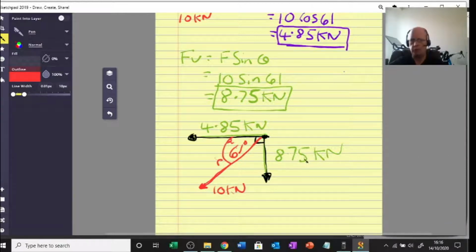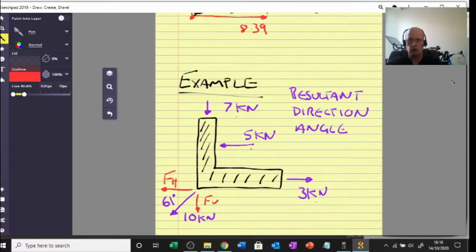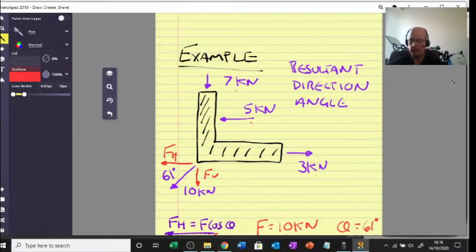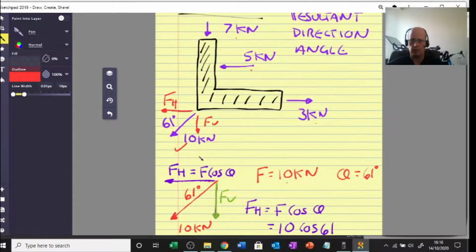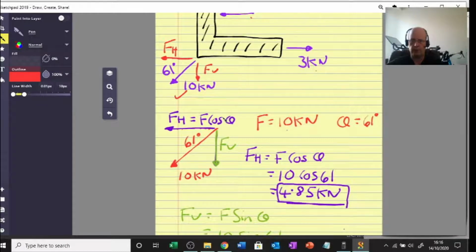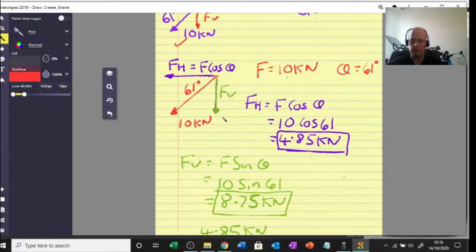But we've just broken this down into forces. So now I've done that, I can tick this one off because I've sorted it out. I know these numbers now, and the numbers are here: 4.85 and 8.75.